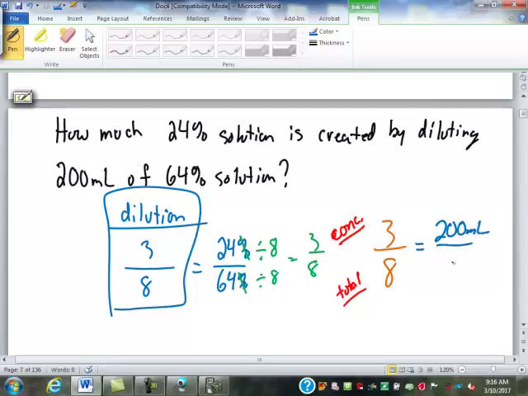The 8 is going to correspond to the volume of our new solution. So I'll cross multiply. 8 times 200 divided by 3 is 533 1/3 milliliters. Any questions so far?